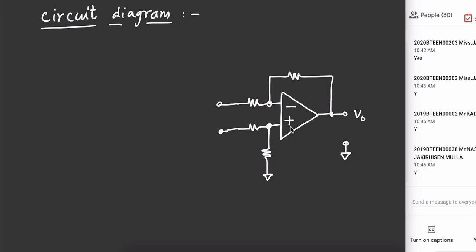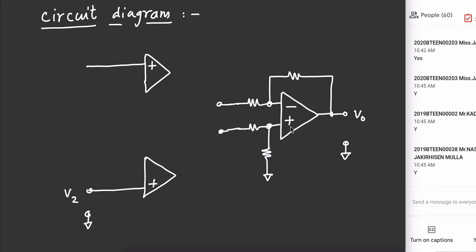To solve this problem, we use two more operational amplifiers. Now these operational amplifiers are used in non-inverting mode. It means the input is connected to the non-inverting terminal. Why the non-inverting terminal? Because it does not draw any current. So these non-inverting terminals are connected with V1 and V2.